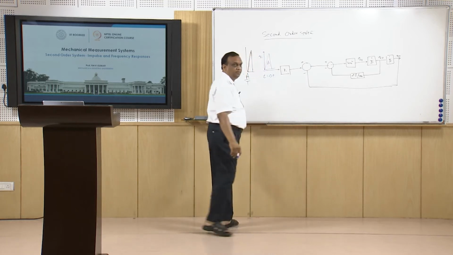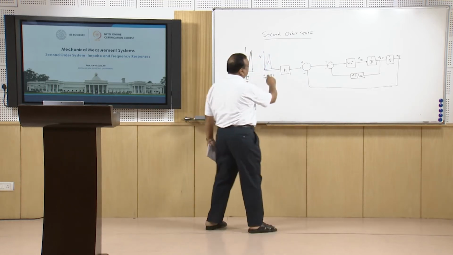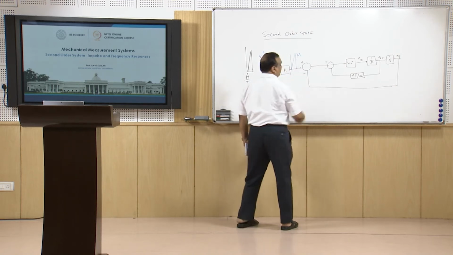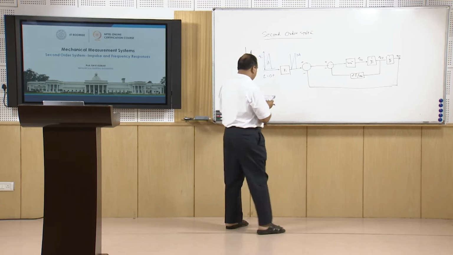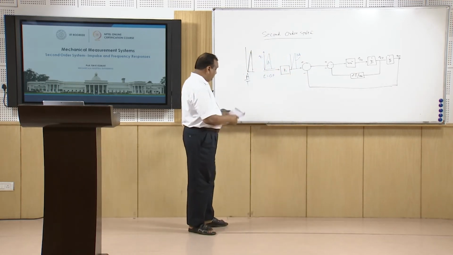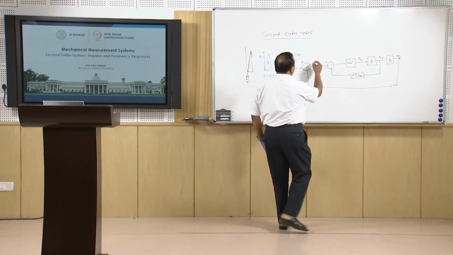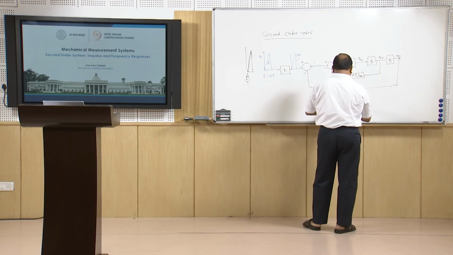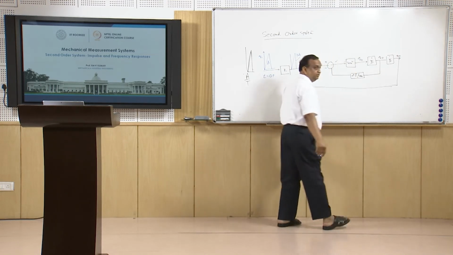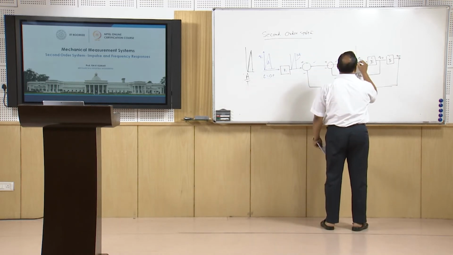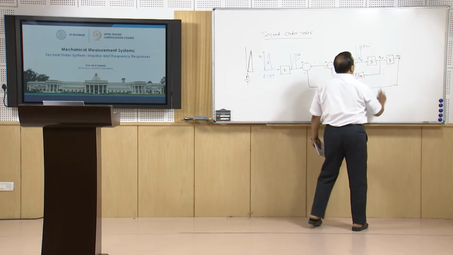Now after this transfer function, the pulse becomes K. This A is the area, and this continues here and here as well, and then after this omega n square block, the pulse becomes Ka omega n square.